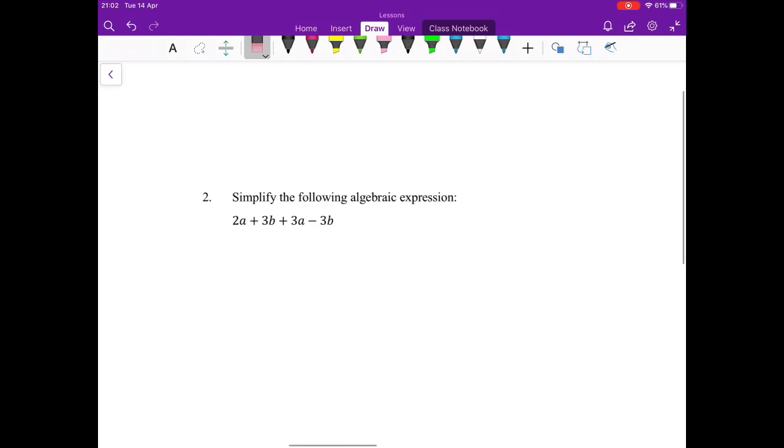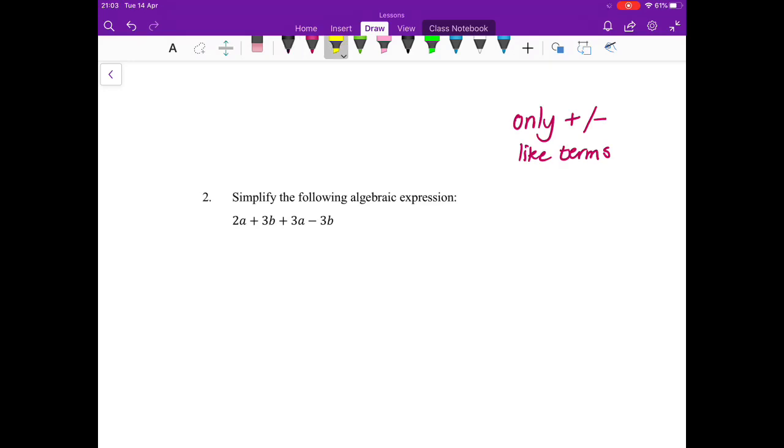Right, let's have a look at the next one. Simplify. You can only add and or subtract like terms. Remember when we started algebra, I said to you the very first thing that you do is you circle your terms.